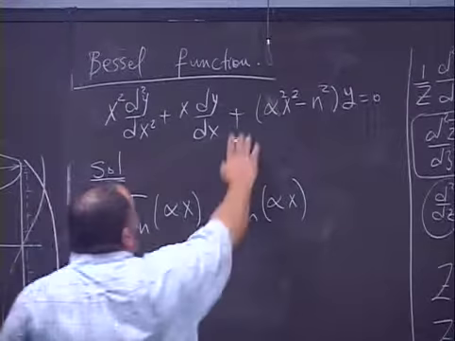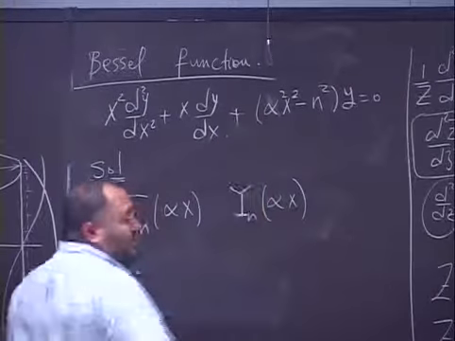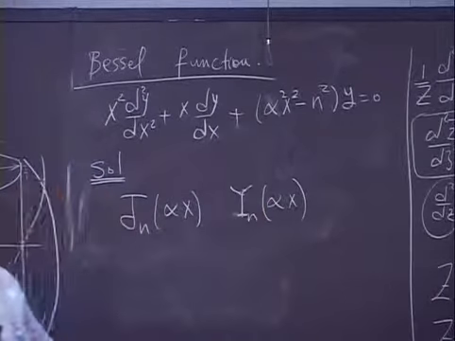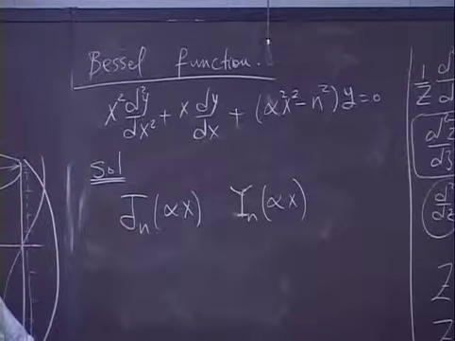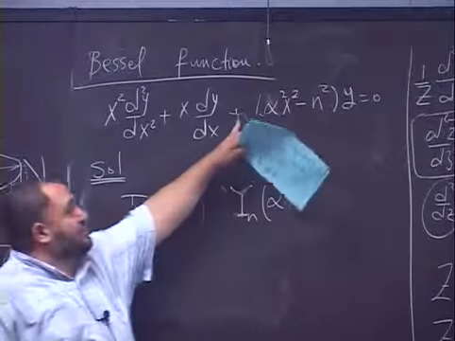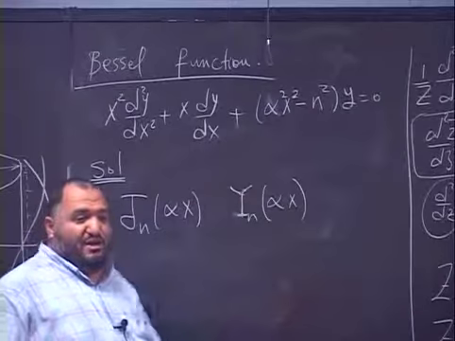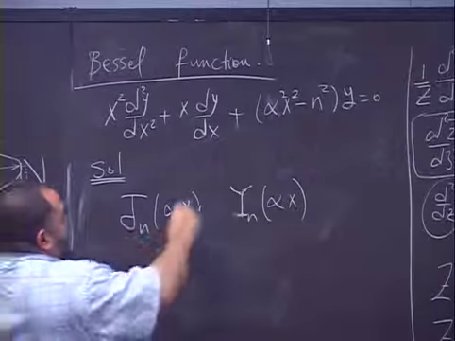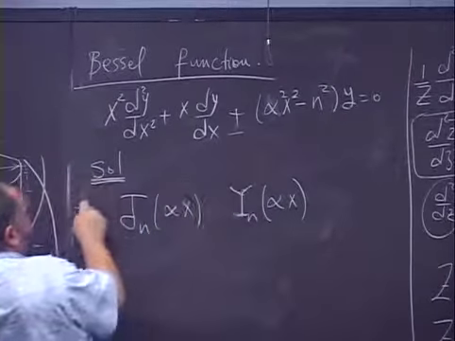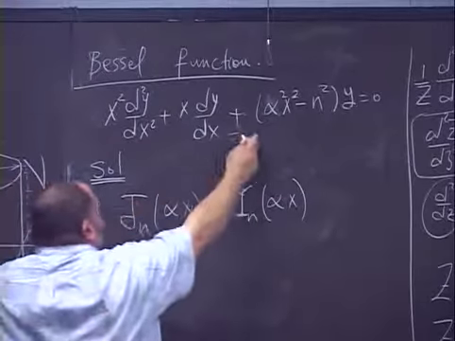If you have negative here, like when we solved last time for a line source inside a cylindrical medium, it was negative alpha square x square. So this is if it is positive, this sign here.